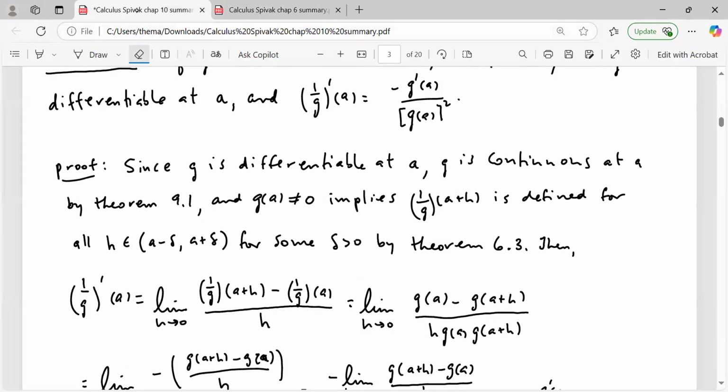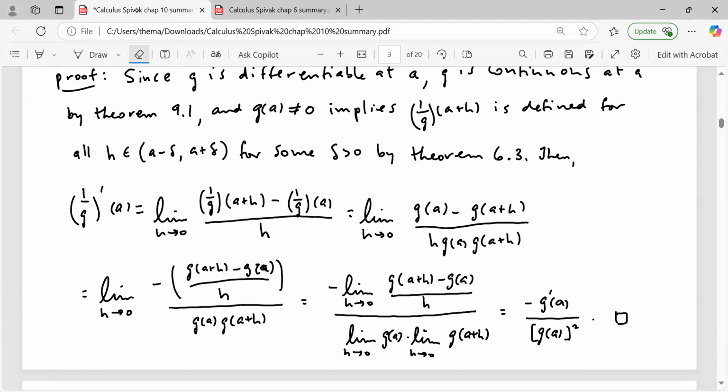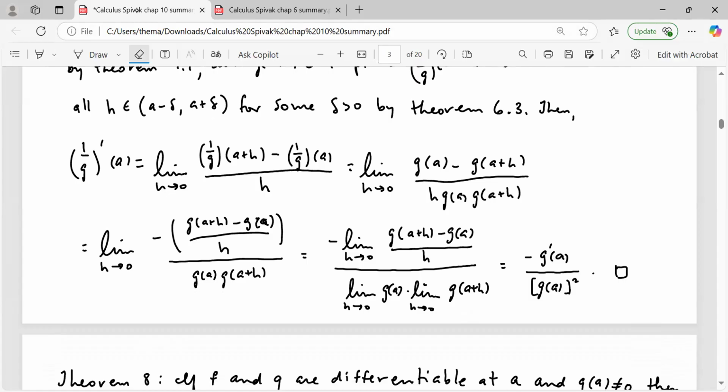Okay, so now that we've established that we don't have to worry about 1 over g of a plus h being defined for some arbitrarily small values, now we can proceed. 1 over g prime of a is equal to the limit of the difference quotient, which is equal to limit h goes to 0 of g of a minus g of a plus h over h times g of a times g of a plus h, by just simplifying.